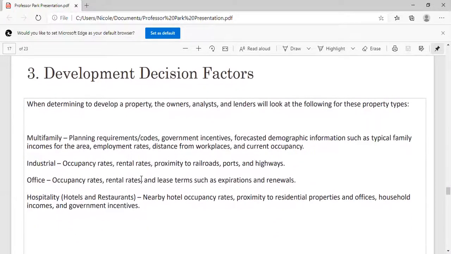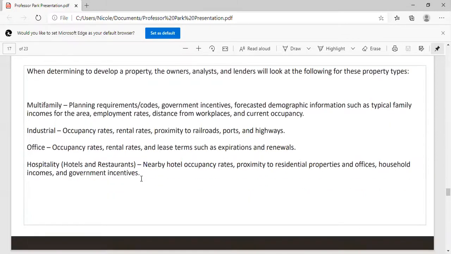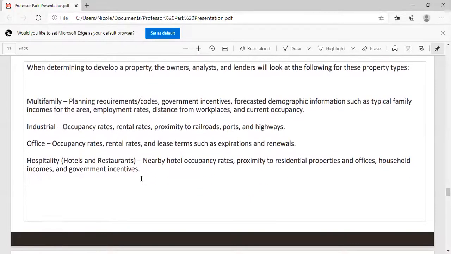And so when they're deciding to develop, they'll have an analyst again look at the different development property types. For multifamily, you'll want to look at planning requirements or codes, government incentives, forecasted demographic information, incomes, employment rates, distance from workplaces, current occupancy for the competition in the area.